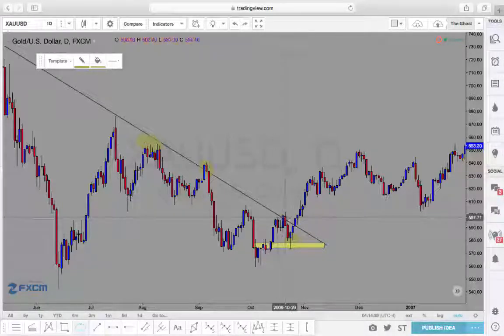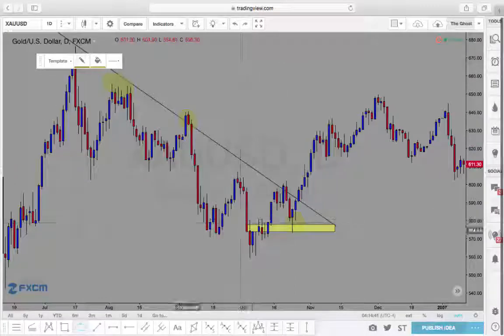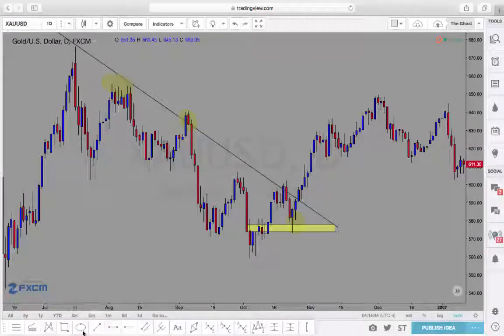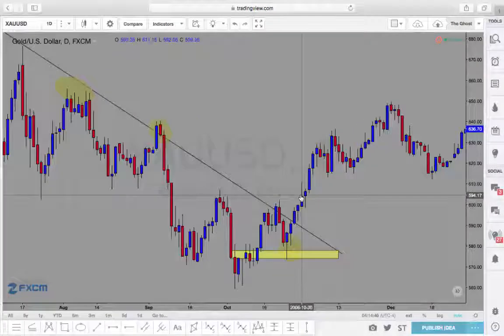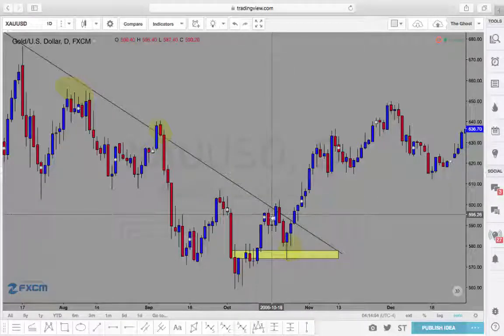Okay, how do you not get faked out? Another question would be, how do you not get faked out within a chart like this? How do you not get confused, or how do you not lose money? If you bought the market here, why would you?